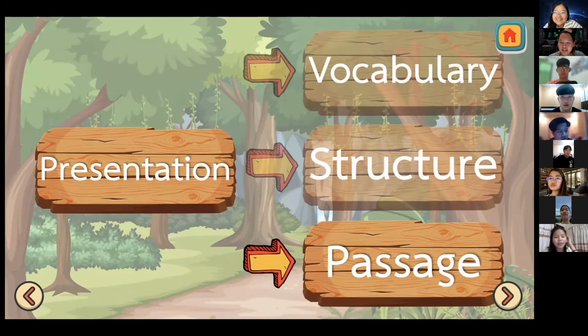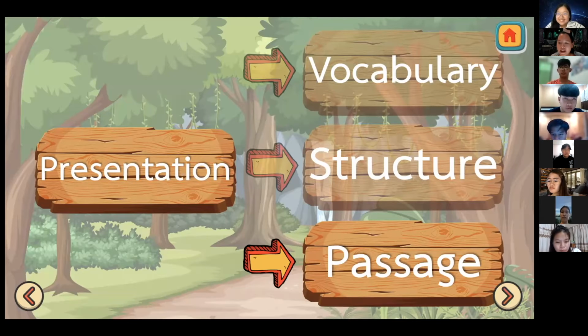Hello, everyone. How about your lesson before about structure? You learned structure, right? What is the structure that you learned before? It's about modal verbs.